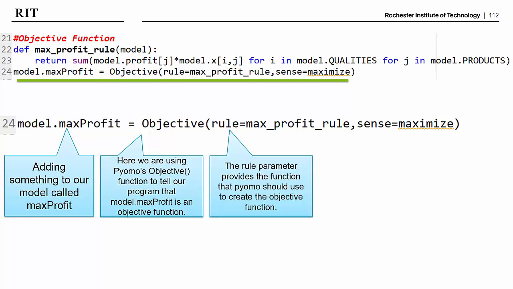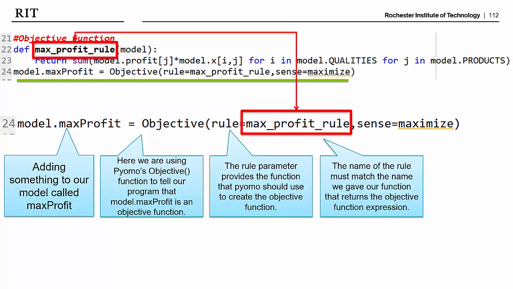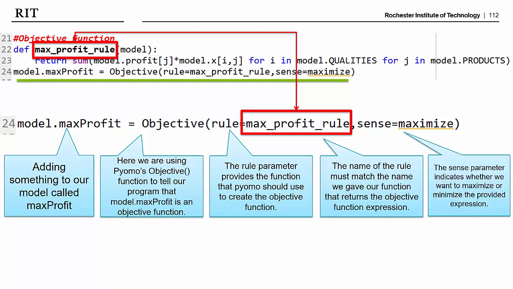And then this rule argument, or rule parameter of the objective function, is provided the rule that it can use to make the objective function. And the rule name has to match the rule that we just made. So we called our rule maxProfit_rule, so we see that we're using that same maxProfit_rule name here.